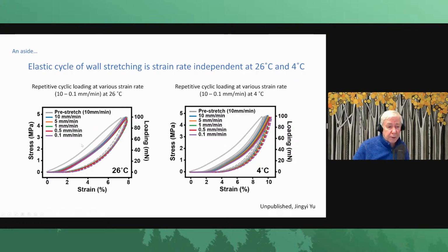And the curves are the same, right? Which is a surprise, because we always talk about the walls being a viscoelastic material, and viscoelastic materials, at least in my thinking, should show a strain rate dependence if there's a viscous component in it. And yet these walls do not seem to show a classical viscous component.